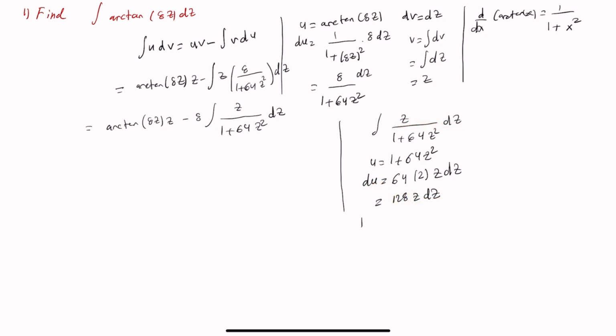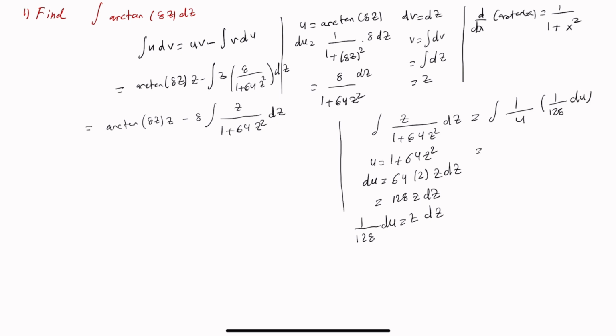So that's gonna be 1 over 128 du equal to z dz. And now we are ready to substitute. So this is gonna be equal to the integral of 1 over u, the denominator, and then z dz is gonna be 1 over 128 du.